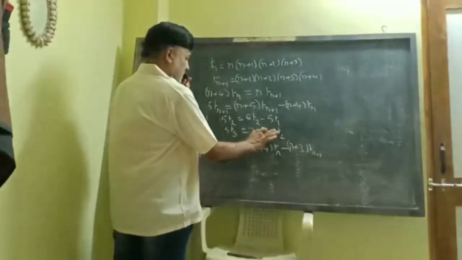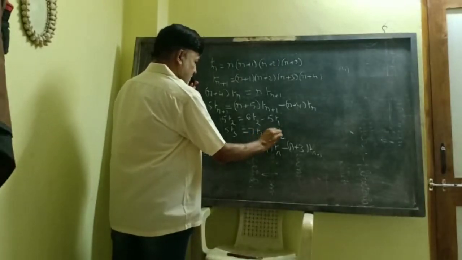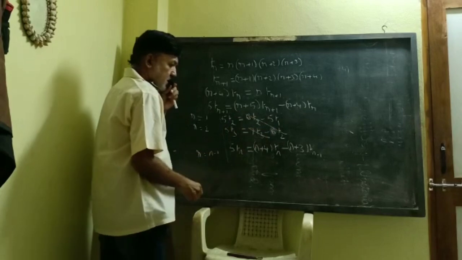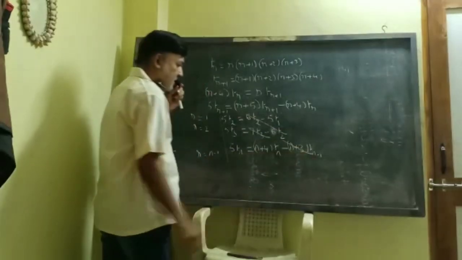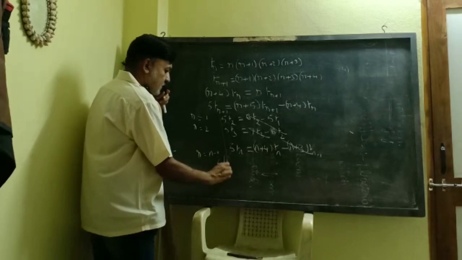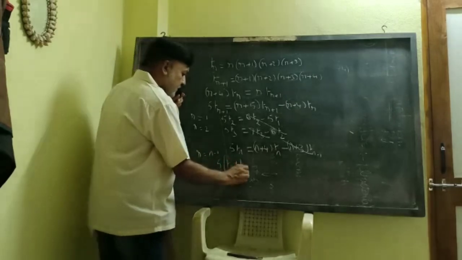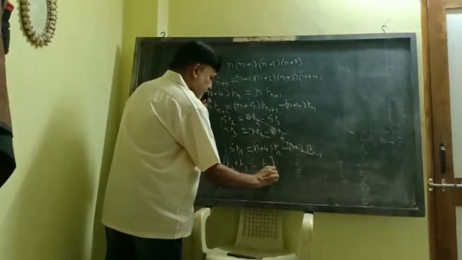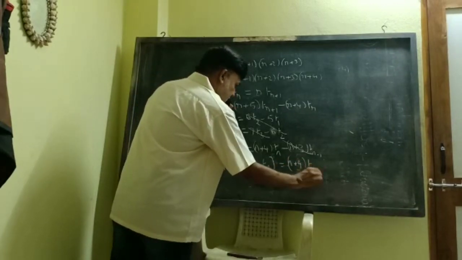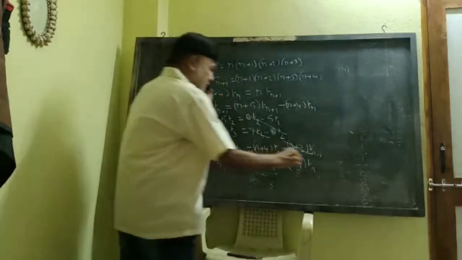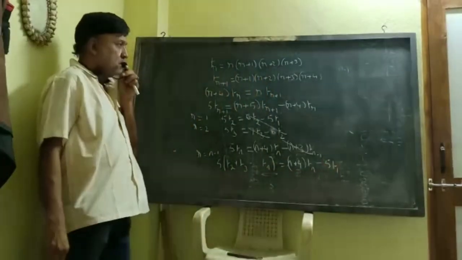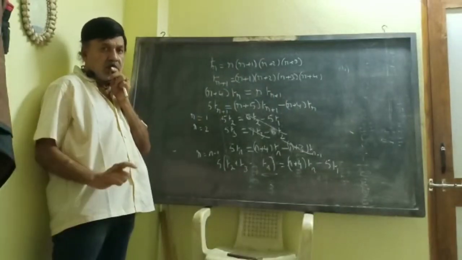So this is 6T2, r is equal to 2. So the cancellations will take place like this. This will also cancel. And if you add all these things, 5 into T2 plus T3 up to Tn is equal to n plus 4 Tn minus 5T1. Right? You will get like this.